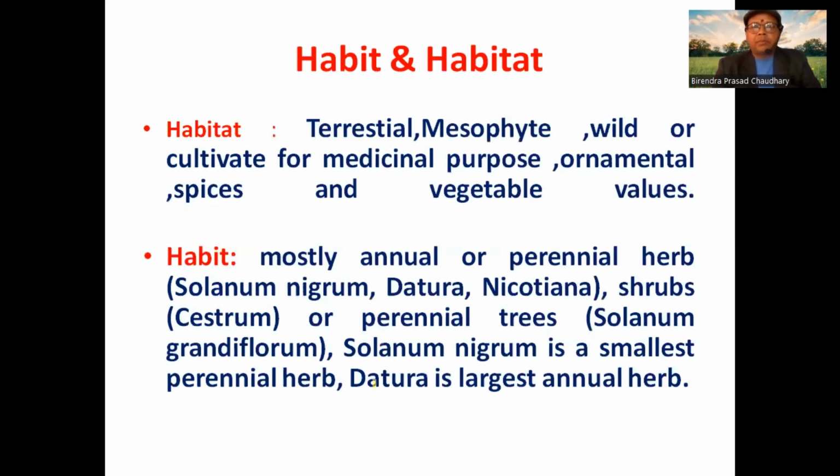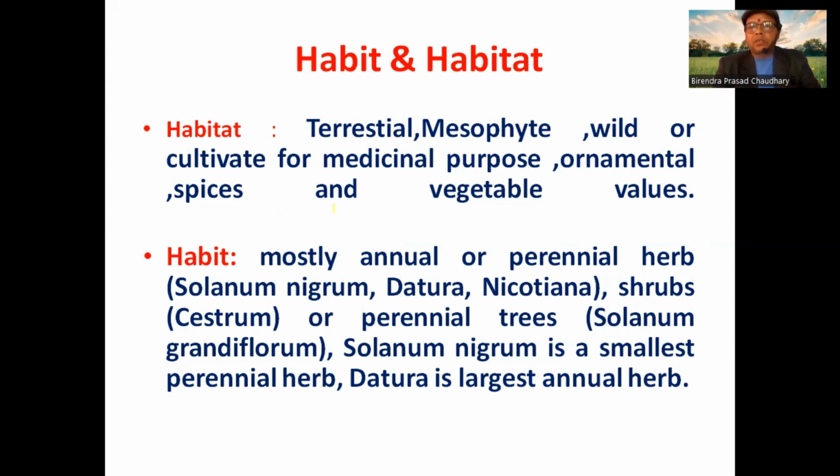Next thing is habitat. Habitat: terrestrial. These are terrestrial mesophytes, means these are found at the place where the soil is watery, or you can say the soil contains a good quantity of water. Wild species are these, and wild species are cultivated for medicinal purpose.